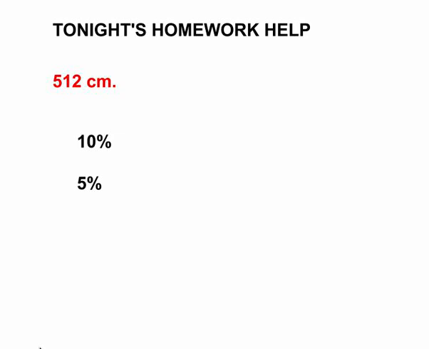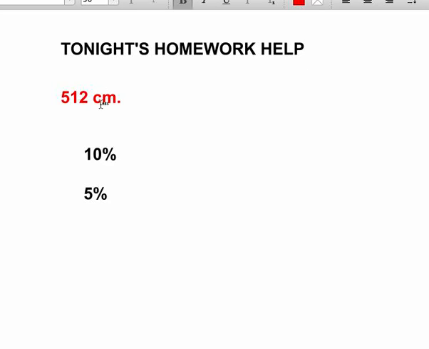So if your car traveled 512 centimeters, the way to start figuring out percents, and you're going to learn this in much more detail and depth later on in this unit, but right now it will help to have a basic understanding. To begin with, it will be helpful to know, if I said you can be within 100% error, let me just switch that color to black. Well, what would be 100%?